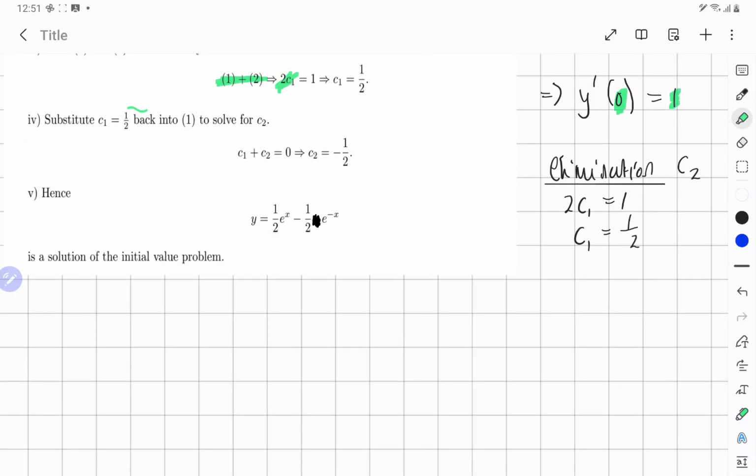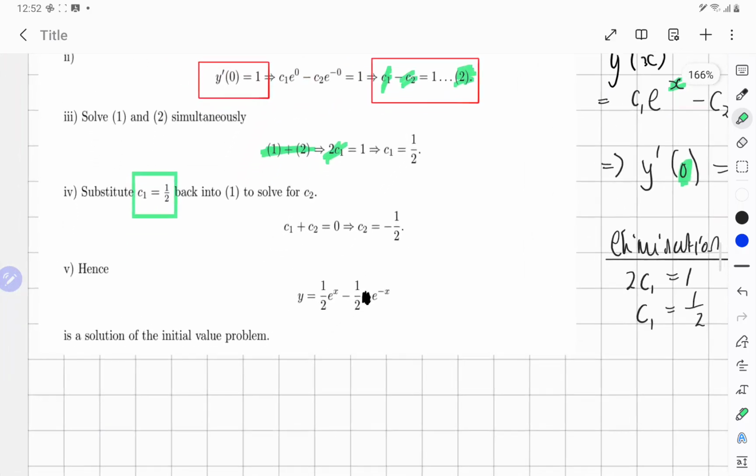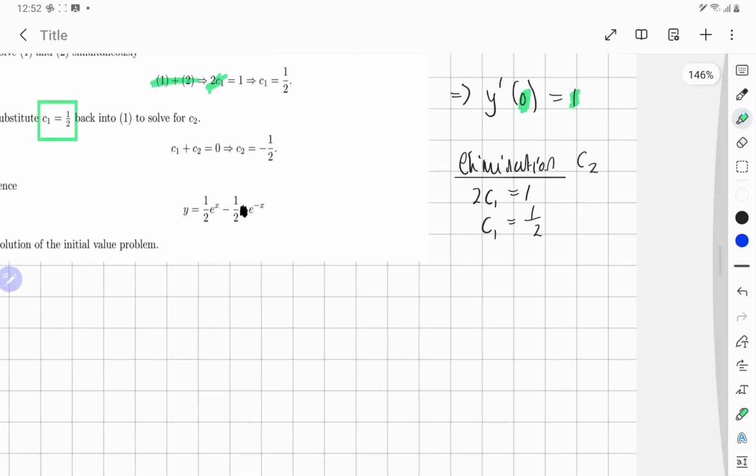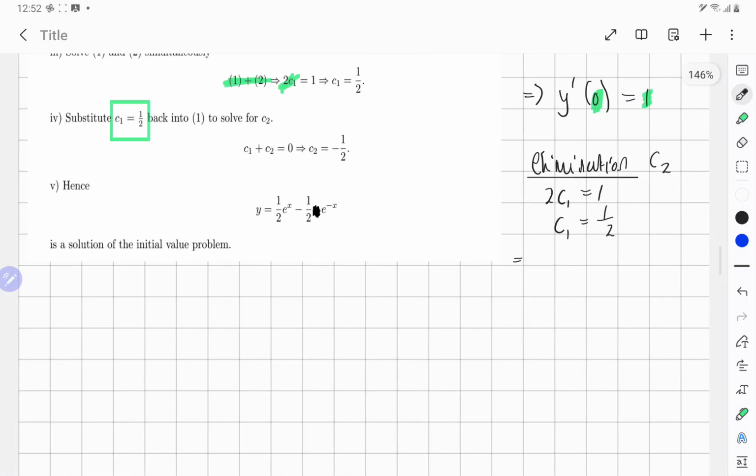Now I can just substitute c1 equals a half back into one of my equations. I substitute back into equation 1, so I have c1 plus c2 is 0. I get a half plus c2 is 0, hence c2 is negative a half.